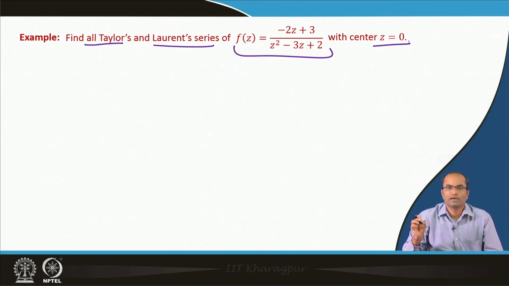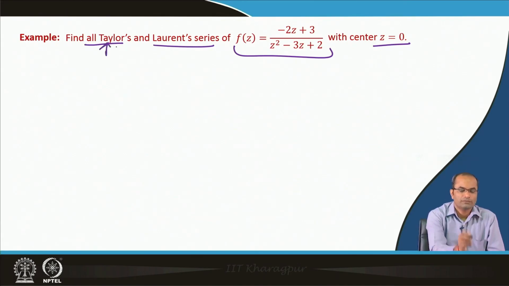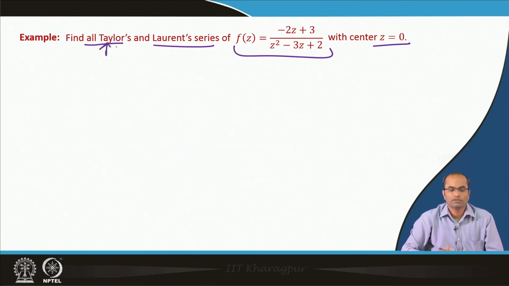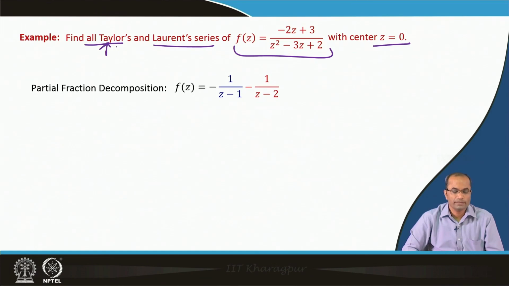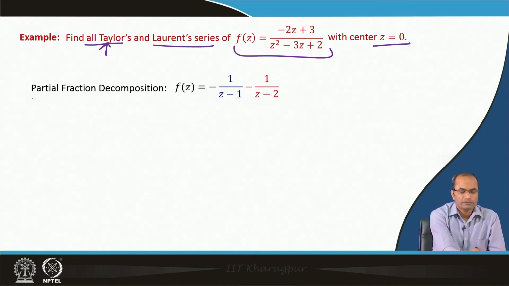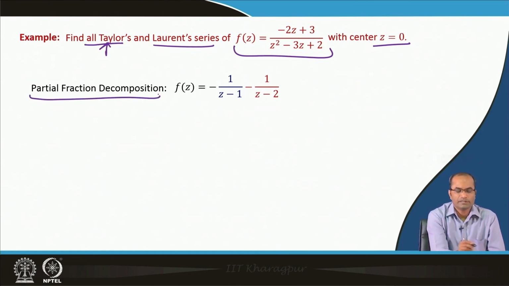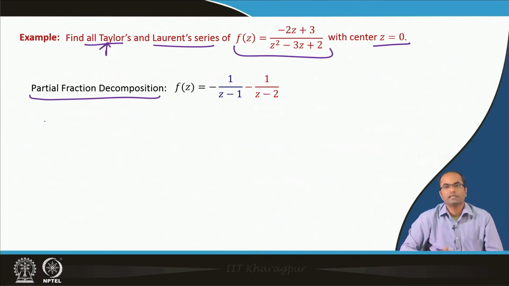That means we want to have the power of z positive and negative in case of the Laurent series, and only positive power of z for the Taylor series. So, all possible expansions we are going to look at now for this function, and we will provide accordingly their validity region. Okay. So, this is the trick which was used already in the previous lecture, the partial fraction decomposition.